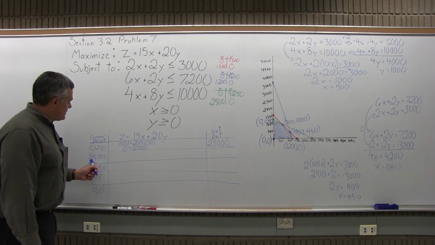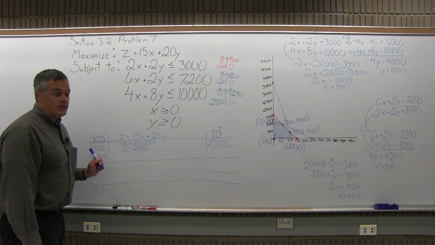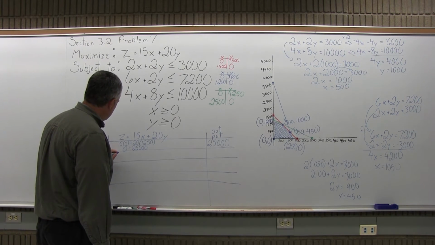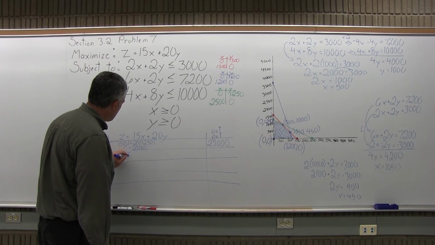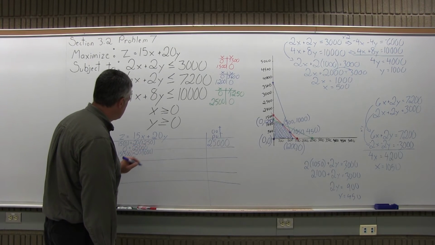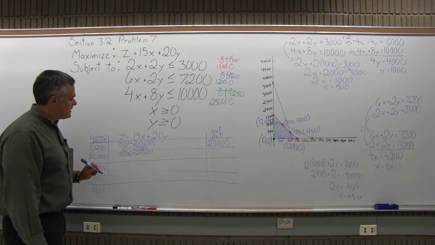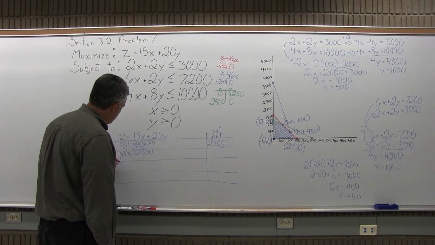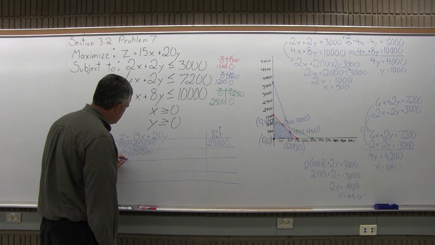The next corner point down, 500 for x and 1,000 for y. The 15 times x is 15 times 500, and 20 times y is 20 times 1,000. So 15 times 500 is 7,500. Now these seem like very big numbers.